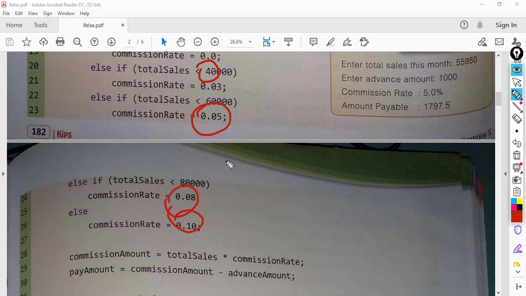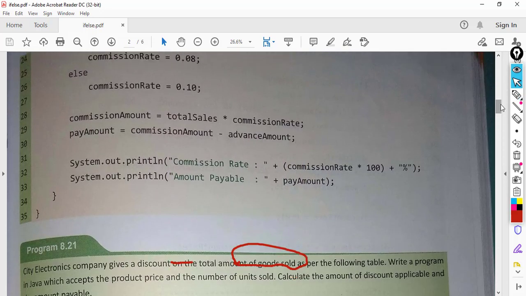To find out the amount, we'll multiply the commission rate which we just calculated above with the total sales amount, and we'll store it in the commission amount variable.